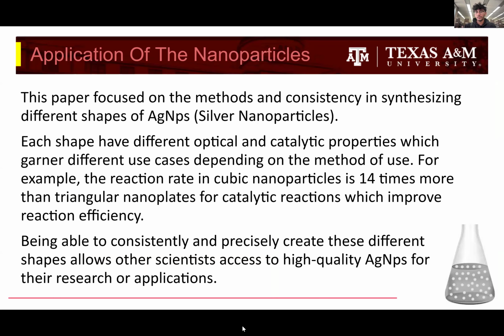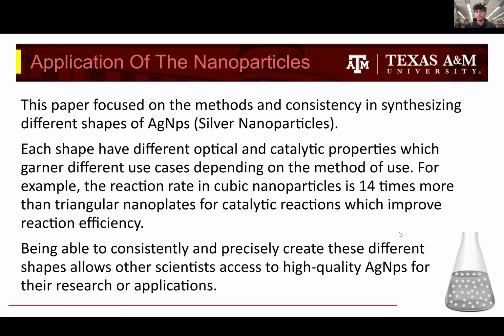The paper we found focused on the methods and consistency of synthesizing different shapes of the silver nanoparticles. Each shape has different optical and catalytic properties, which garner different use cases depending on the method of use. For example, the reaction rate in cubic nanoparticles is 14 times more than triangular nanoplates for catalytic reactions, which improves reaction efficiency.